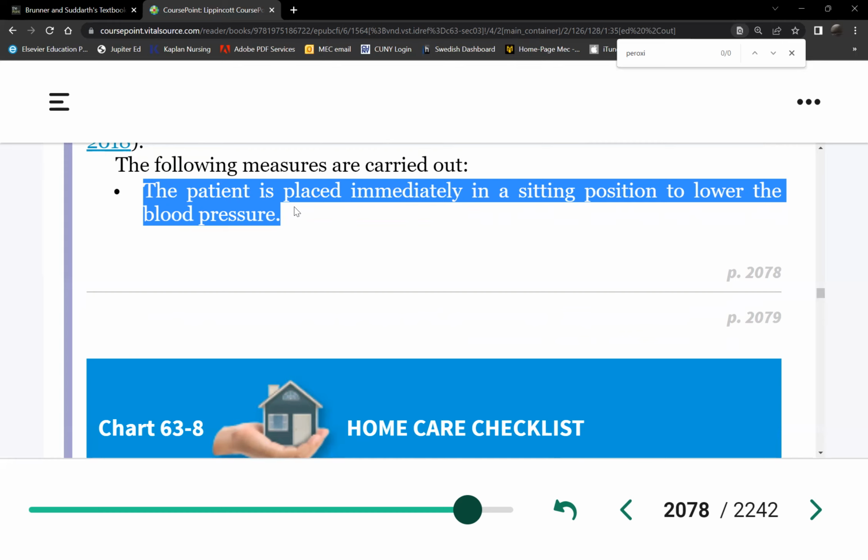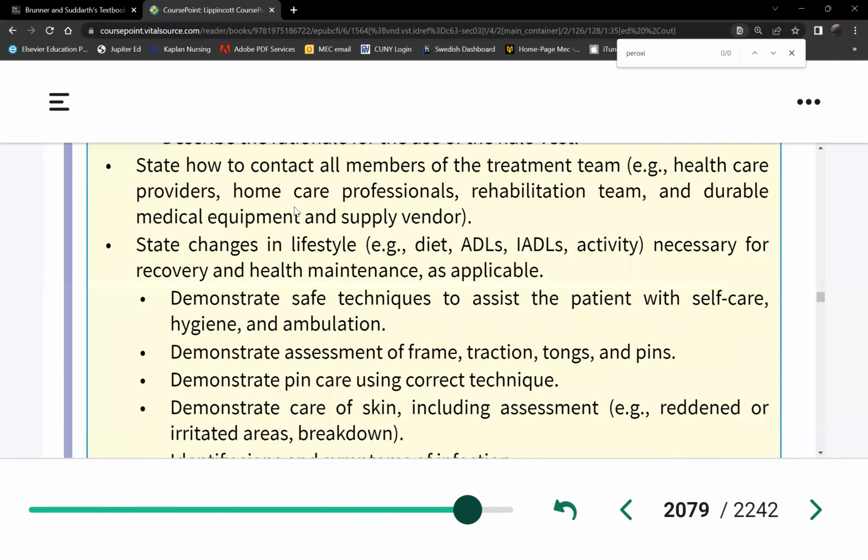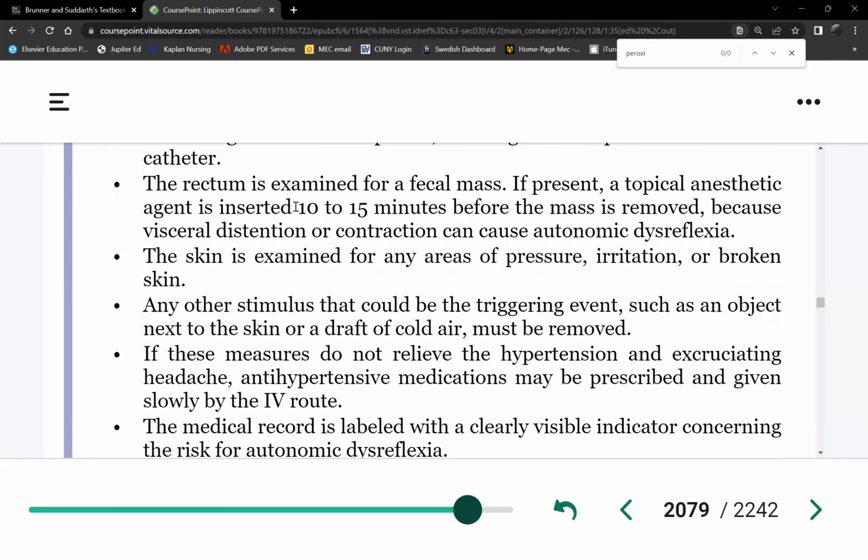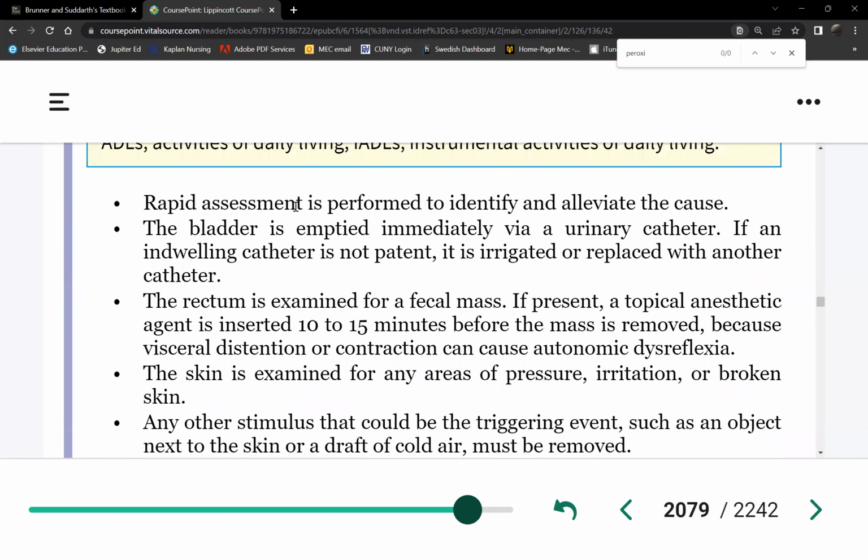So first action is, as soon as you identify blood pressure is so high, you have the headache, the diaphoresis, the bradycardia, first thing you do is sit them up, and then next action is to look for the trigger. So find the trigger. Again, the two most common are bowel or bladder distension, and eliminate it.